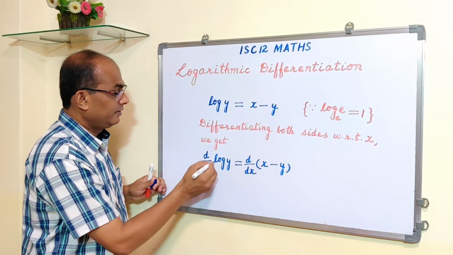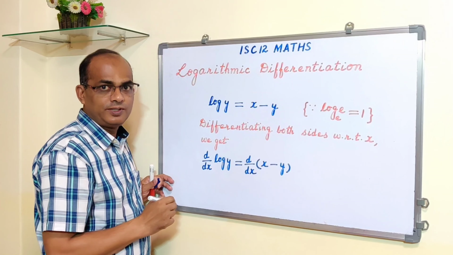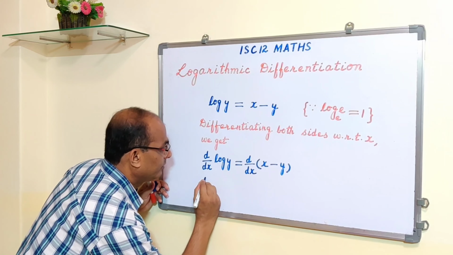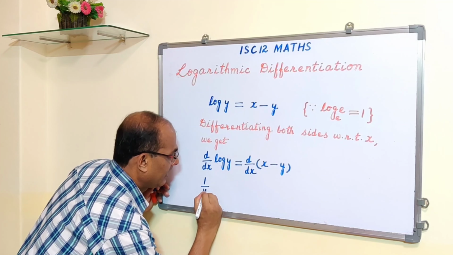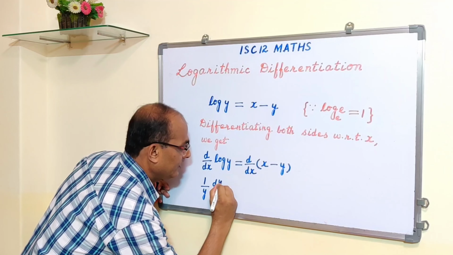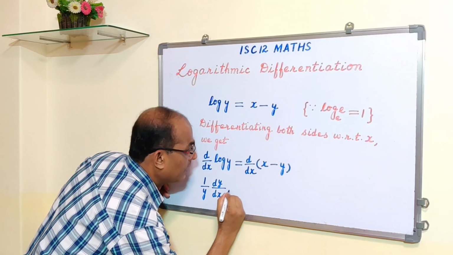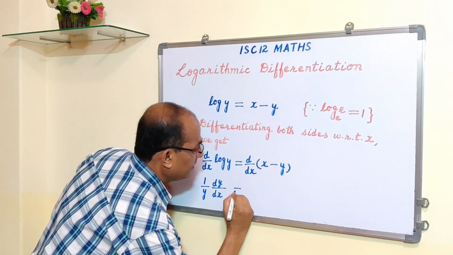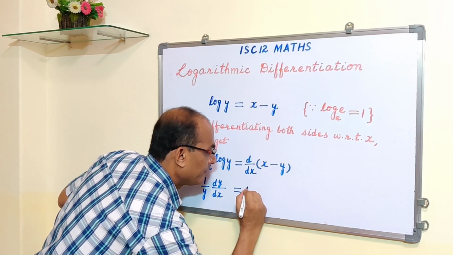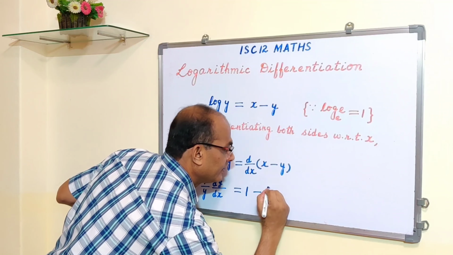So 1 upon y into dy upon dx is equal to d/dx of x, which is 1, minus dy upon dx.